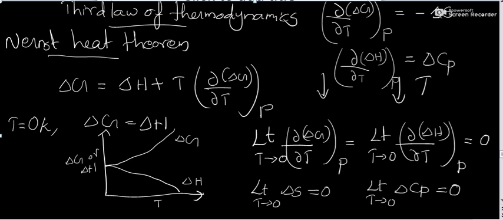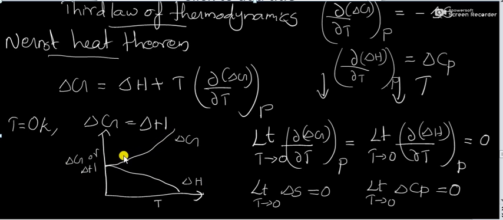Asymptotical nature is its limiting nature of the function. This can be explained from this curve. Here delta G or delta H versus temperature curve.